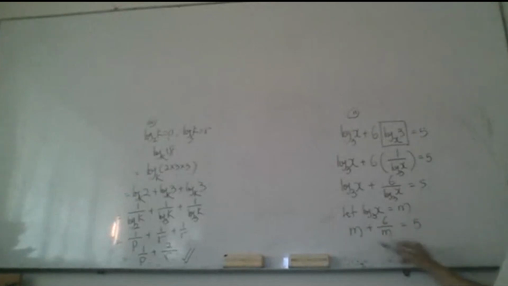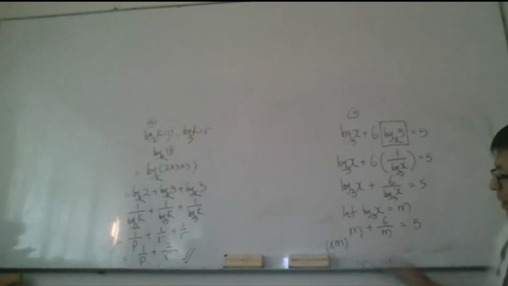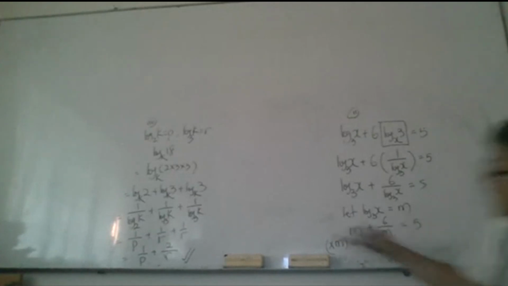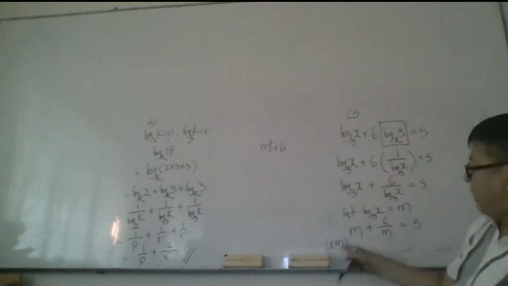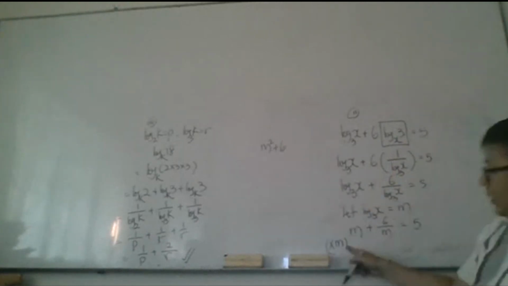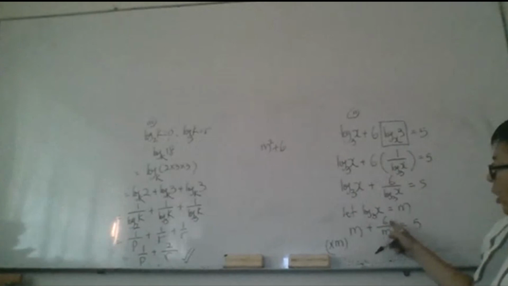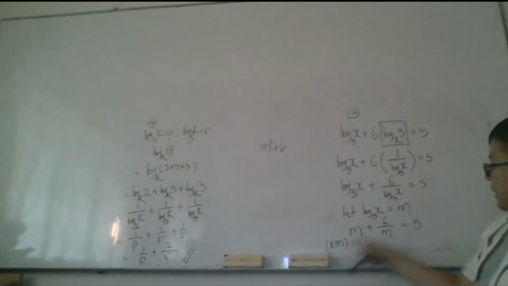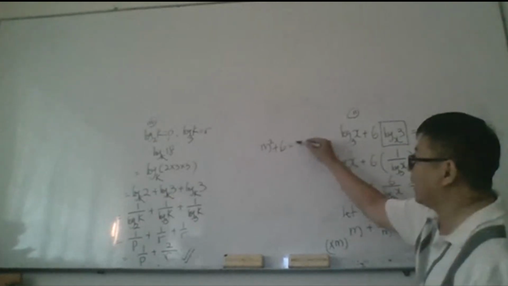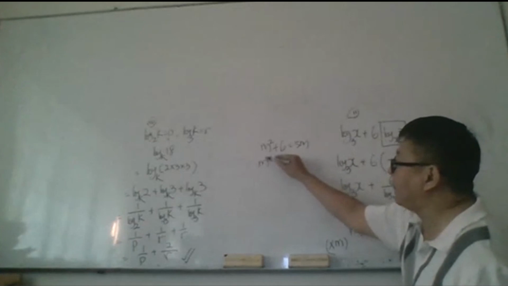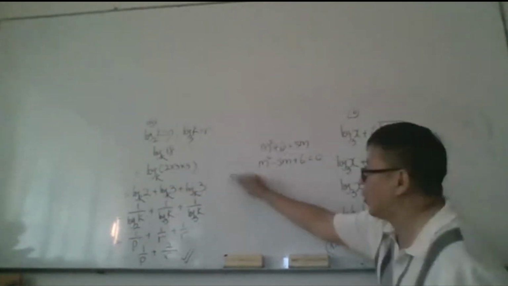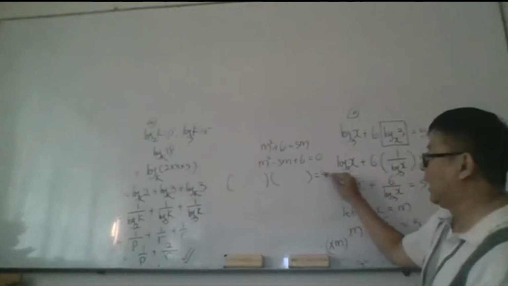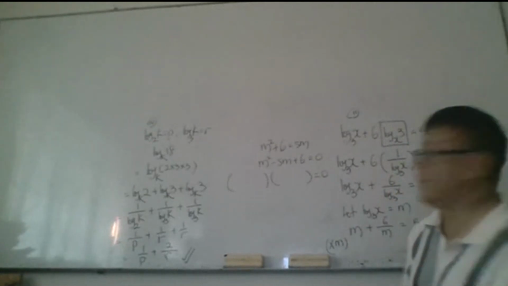Then I can multiply by m throughout, so that I get m squared plus 6, and on the right side 5m. And m squared minus 5m plus 6 equals 0. Okay, I need to do a simple factorization.